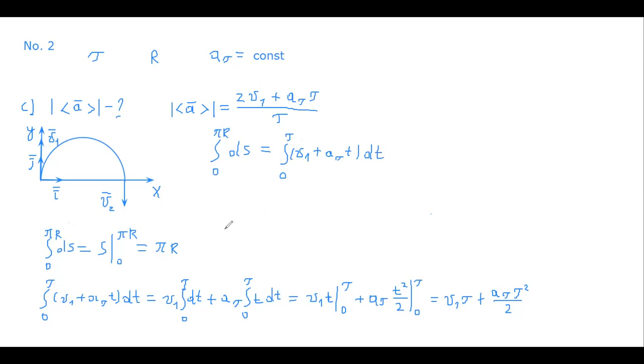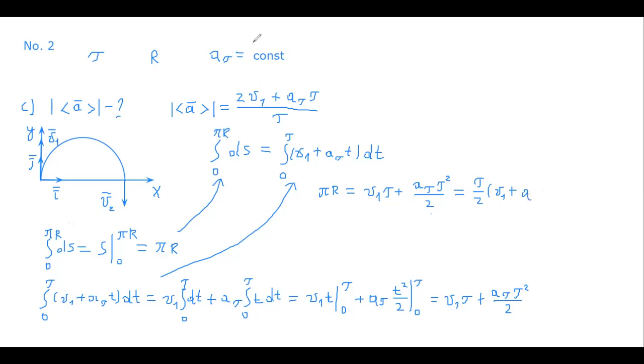Yeah, and let's make a substitution. Let's use this: PR is equal to v1 tau plus a tau squared, and we can rewrite this in the next way, like this: v1 plus a tau.